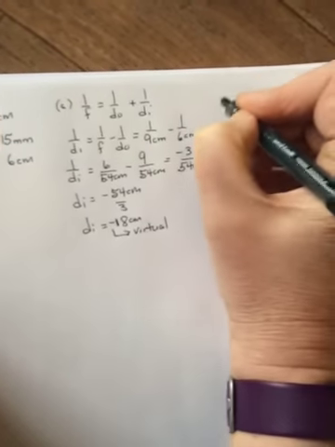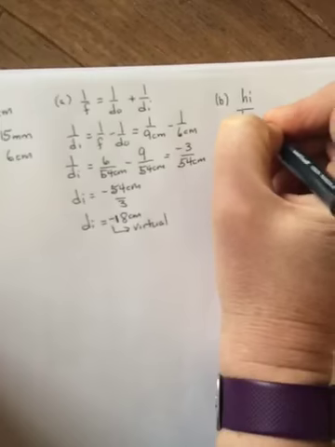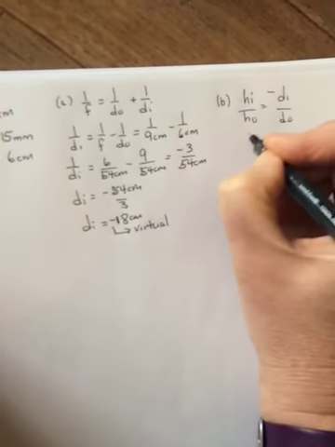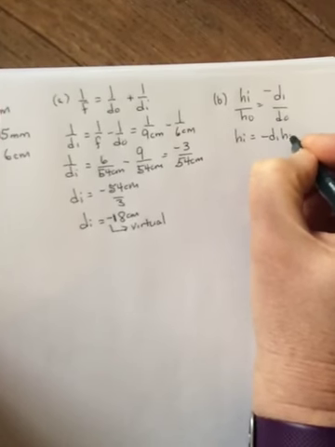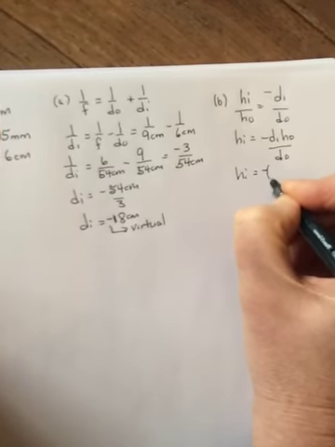Okay, and then it asks us to find its height. So, hi-ho, di-do, off to work we go. So HI will be equal to negative DI HO over DO. So negative, negative.